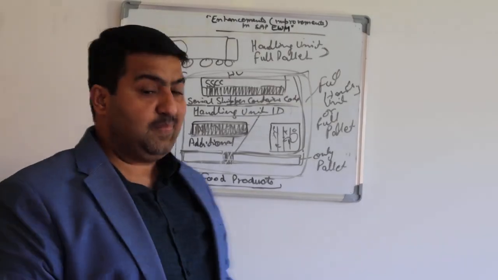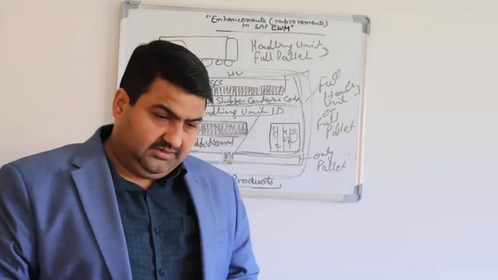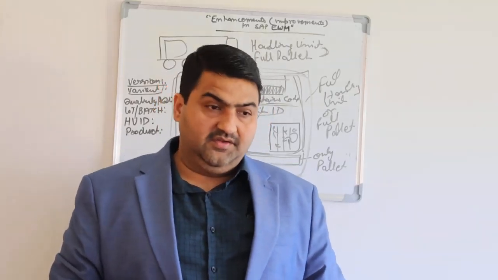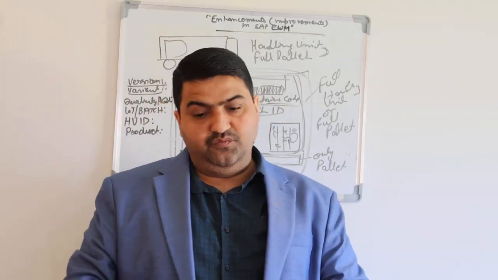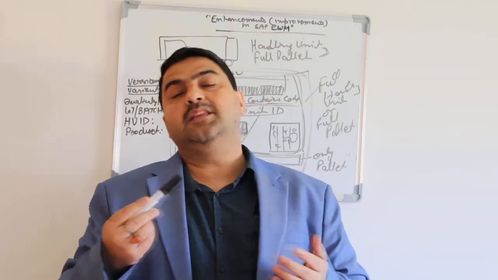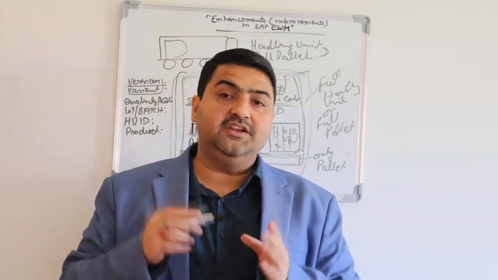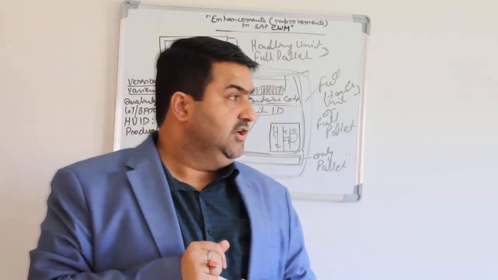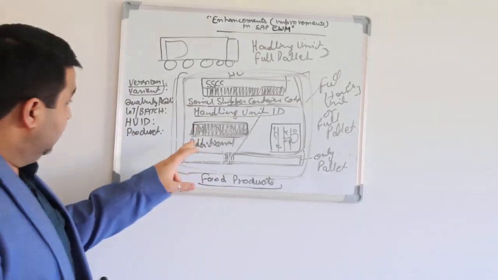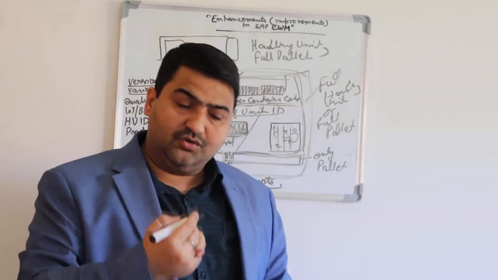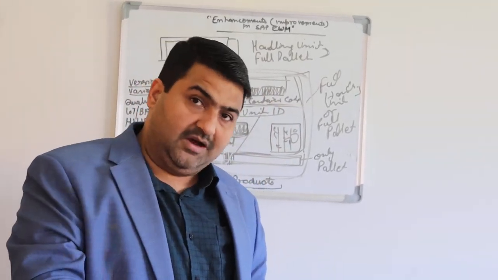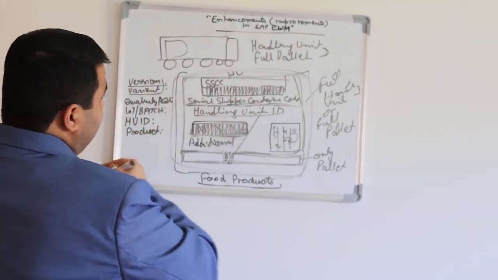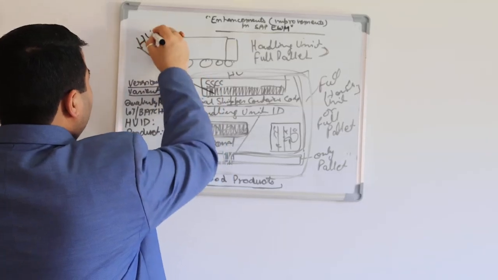Or suppose the vendor said we are going to send the barcodes, or we may have to create the barcodes to enhance the functionality. We need to create the barcodes from the standard or from scratch. In all those situations, whether you receive the barcodes or have to create them, the process would be similar. In this barcode we have the HUID.